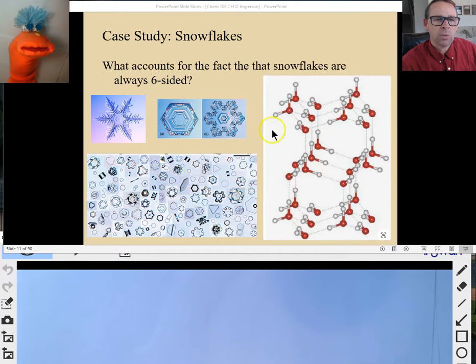And that's why whenever water in the liquid phase condenses further to a solid phase, ice, you get structures, snowflakes you could call them, that are always hexagonal in nature. They always have what's called six-fold symmetry.